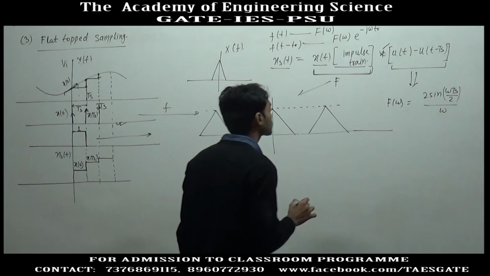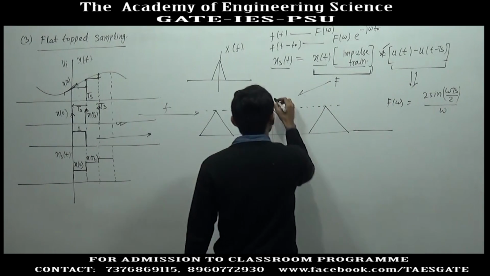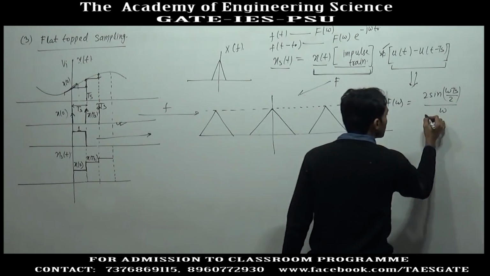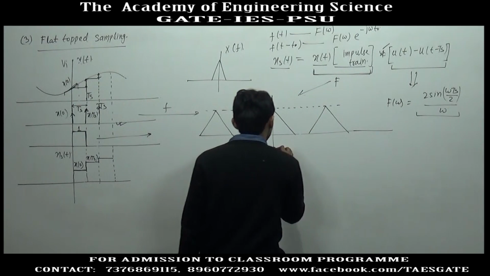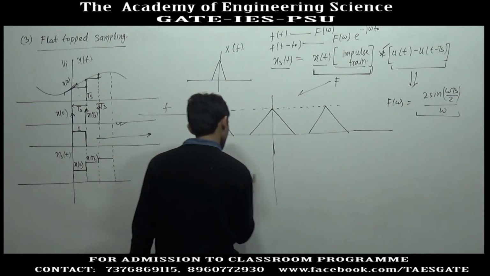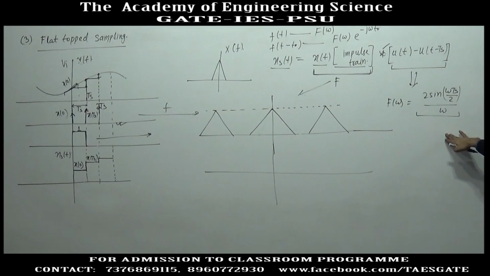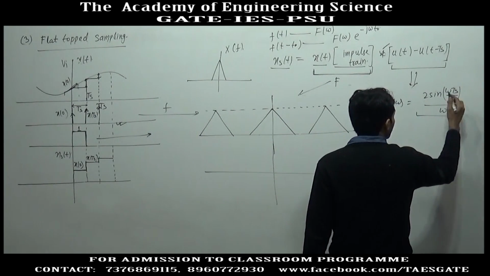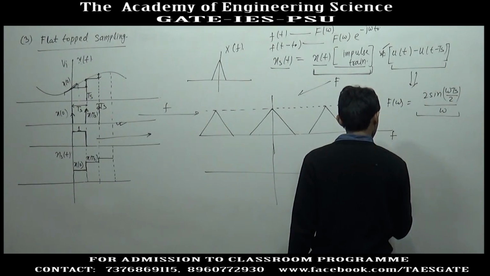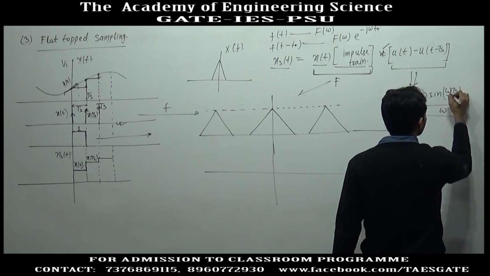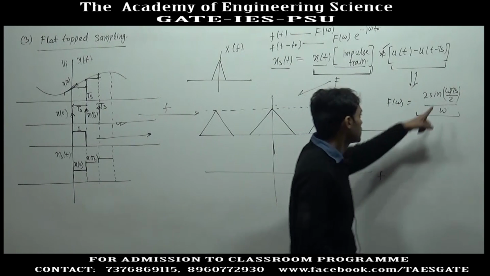Now, we have to multiply the Fourier transform of this signal with this one. If we plot, this is again a sinc type function. Whenever omega equals 0 or f equals 0, we will get a 0 by 0 form.